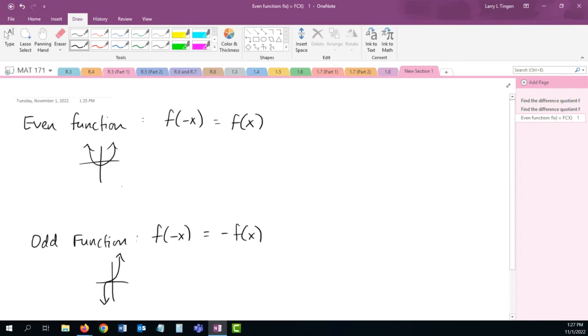We also talked about their symmetry. If I have an even function, this is symmetric about the y-axis. And if I have an odd function, it has symmetry about the origin.